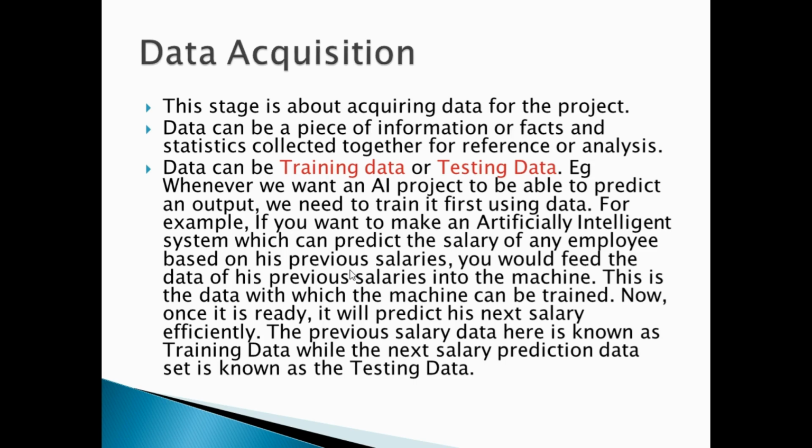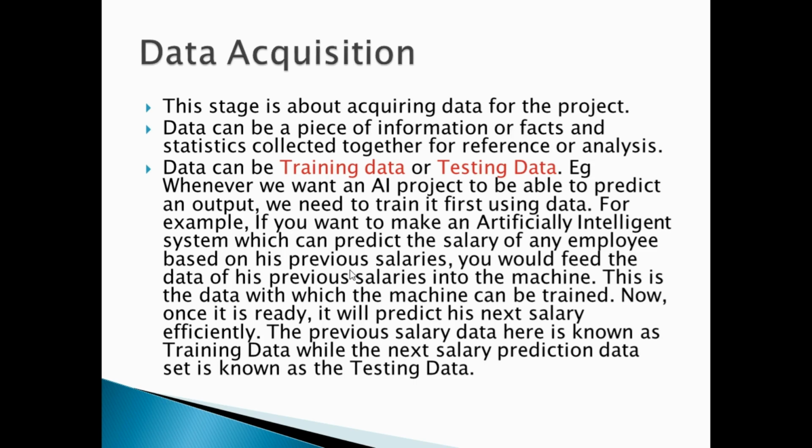So, consider if I have a text, that will be my training data. And finally, I give it some input so that I can test if my model is working correctly or not. That will be the testing data. Consider if I want to predict the salary of an employee.